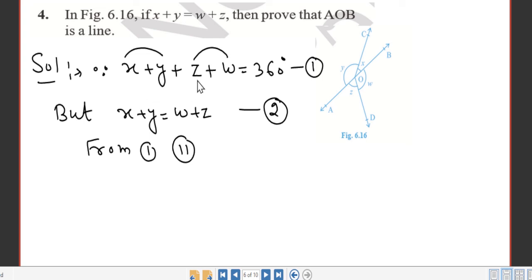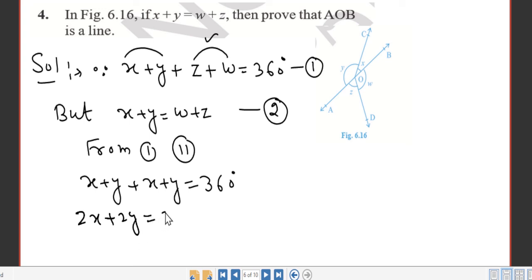So I am taking x plus y in place of z plus w. So from 1 and 2, it is 360 degree. So 2x plus 2y is equal to 360 degree.